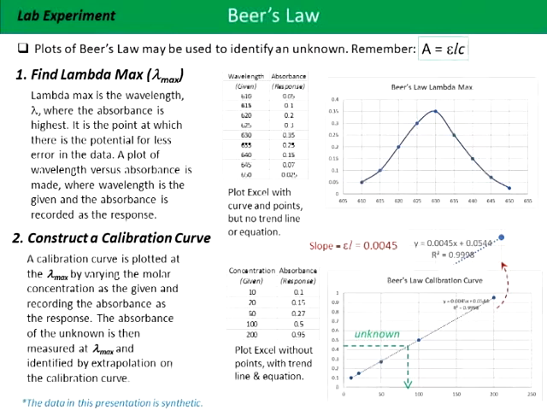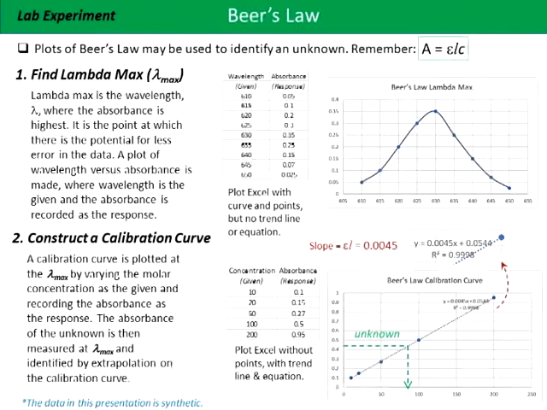Note that when this is carried out in Excel, we can obtain an equation for the line, and in this case we have the equation of the line shown here, where the slope of the line was 0.0045. That slope is equal to the molar absorptivity of the sample, which equals epsilon times the path length.